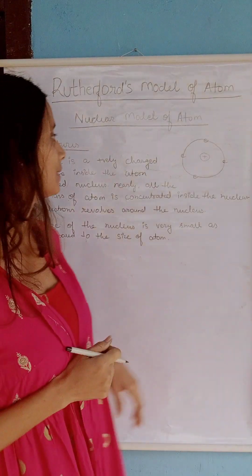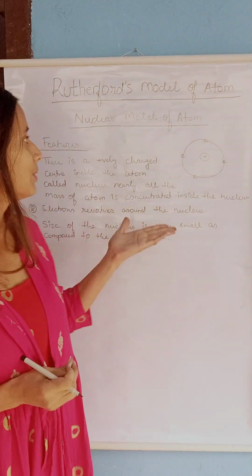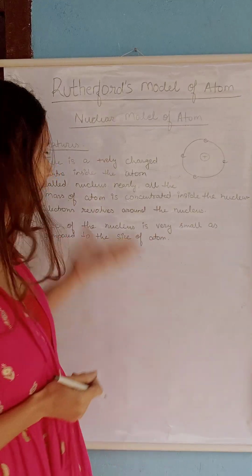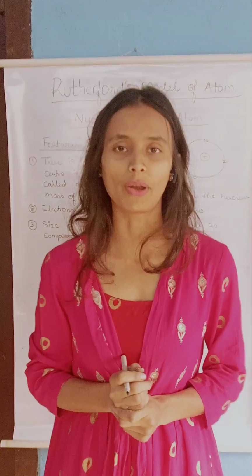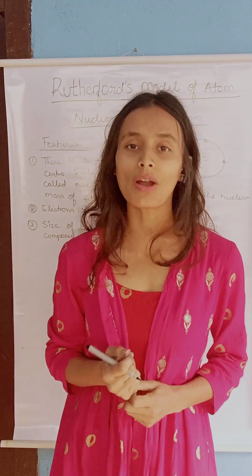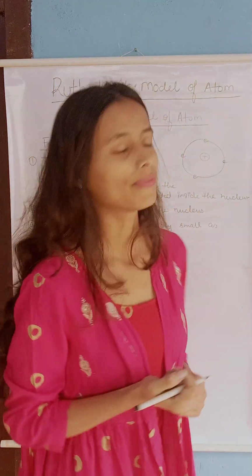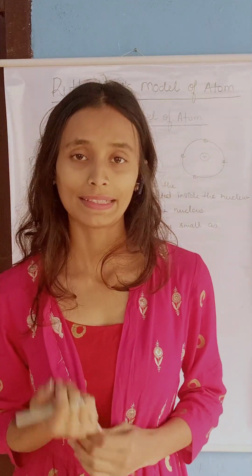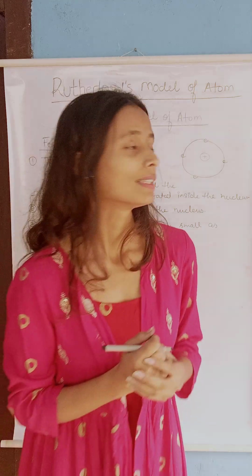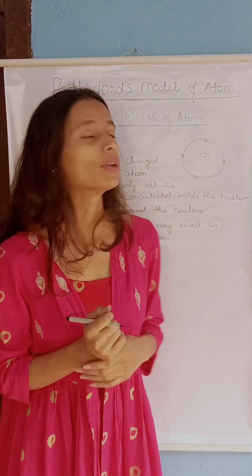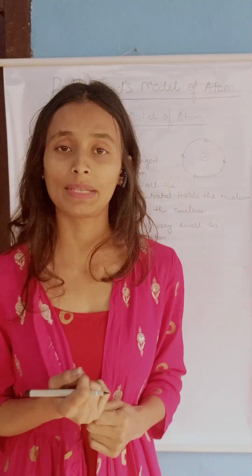So this was his nuclear model of atom and its features. But there was a drawback of his new model: he could not explain the stability of atom.